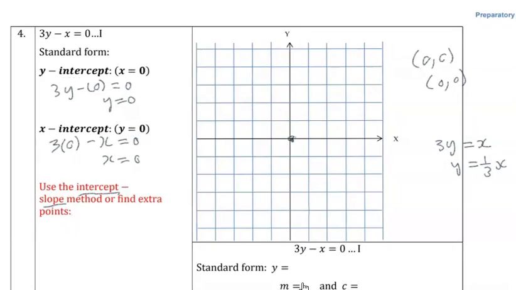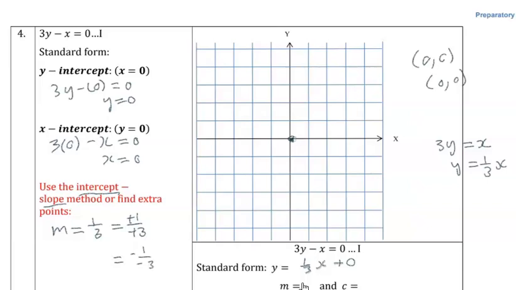That's my standard form, 1/3 x plus 0. We don't write a 0, but the intercept is 0, the dot that we made there. So, let us look at m. How can I find this 1 over 3? We either have plus 1 divided by plus 3, or we have minus 1 divided by minus 3.